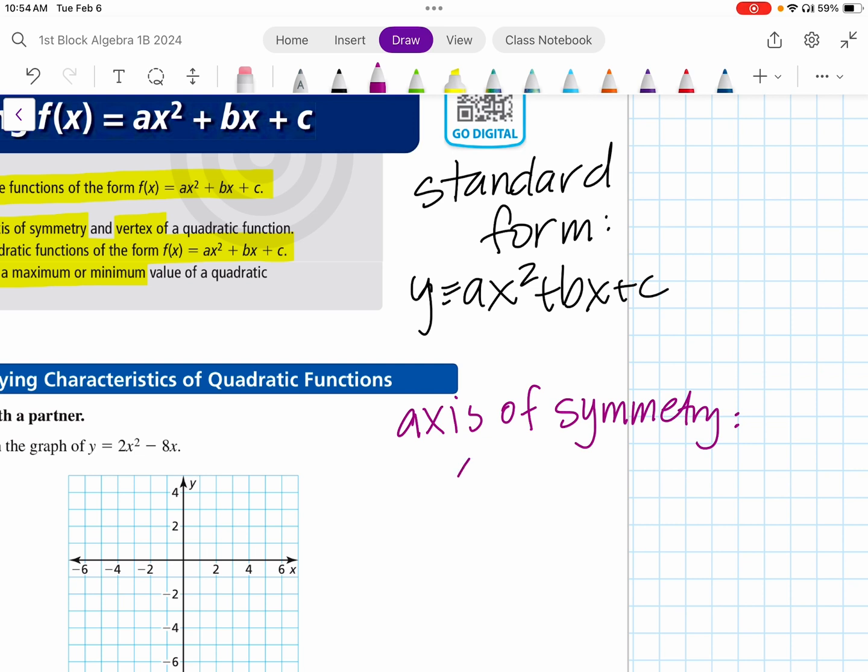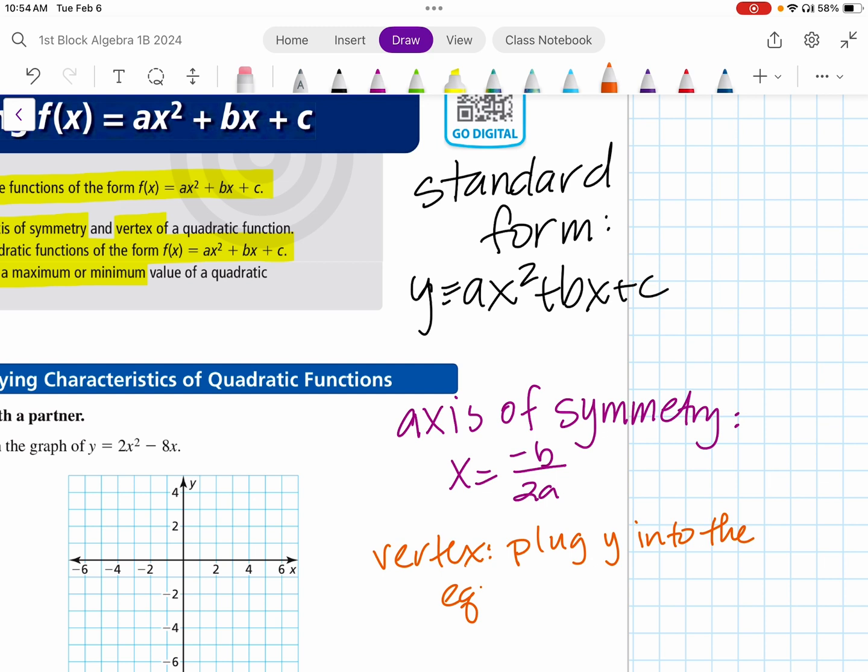We are going to do x equals negative b over 2a. In order to find the vertex, plug x into the equation to find y.